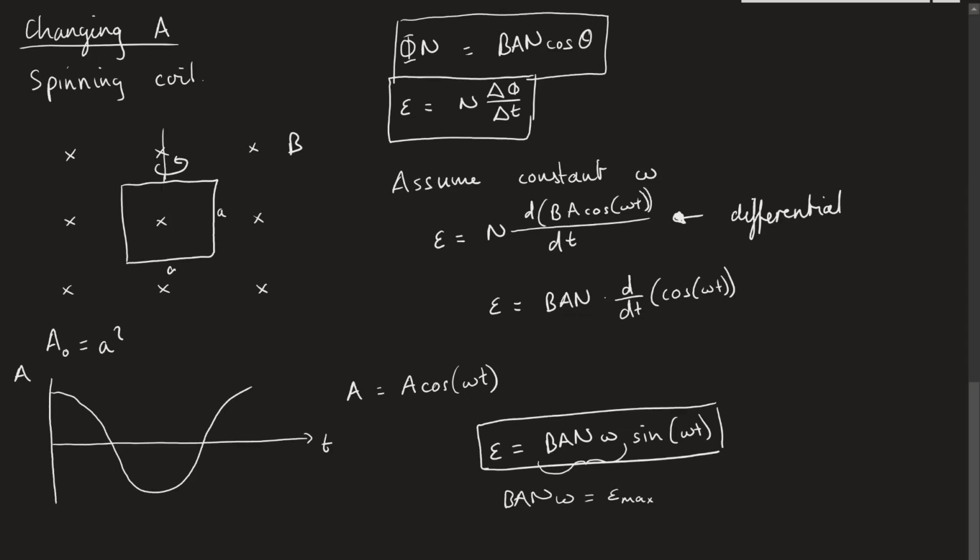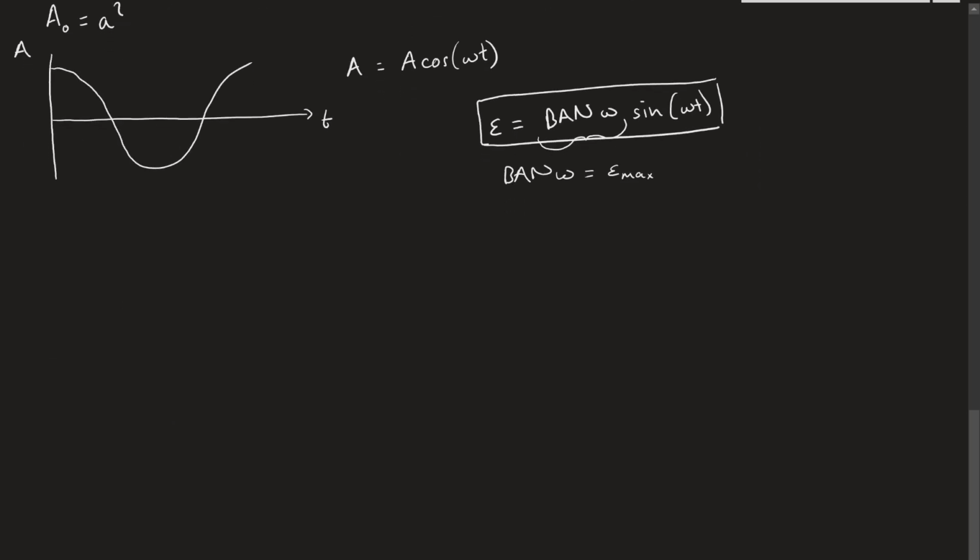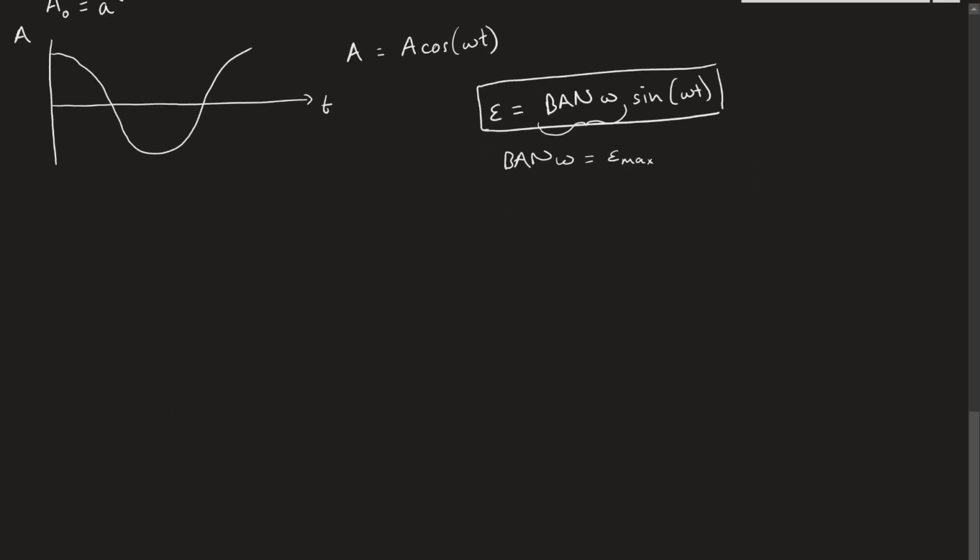In order to increase the EMF here, I know the EMF is proportional to B. So in order to increase epsilon, I can have a stronger magnet again, because if I have a stronger magnet, I'm therefore increasing the magnetic flux density. I can increase the cross-sectional area of the coil, so if I have a larger coil, I will end up with a larger EMF.